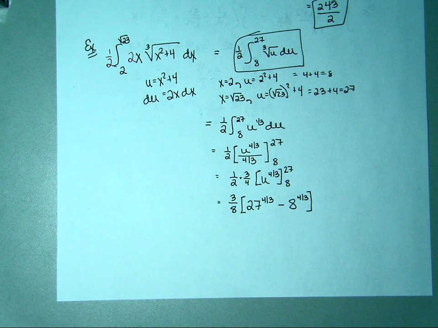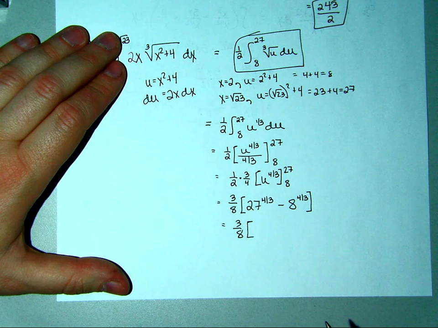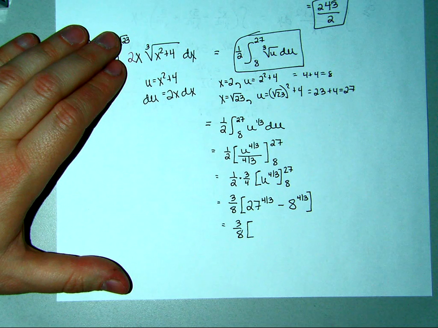So what was 27 to the 4/3? Cube root of 27? Anyone? 3 to the 4th? 81. We're going to get 81 there. 8 to the 4/3?